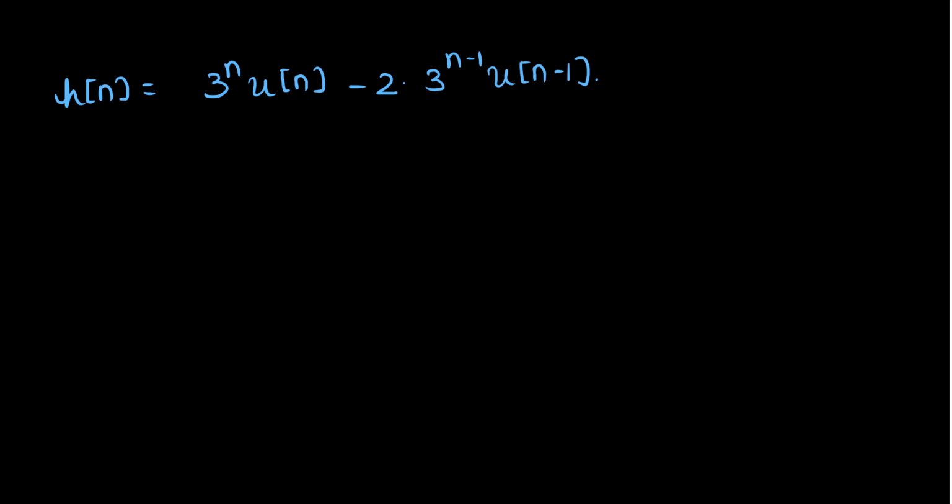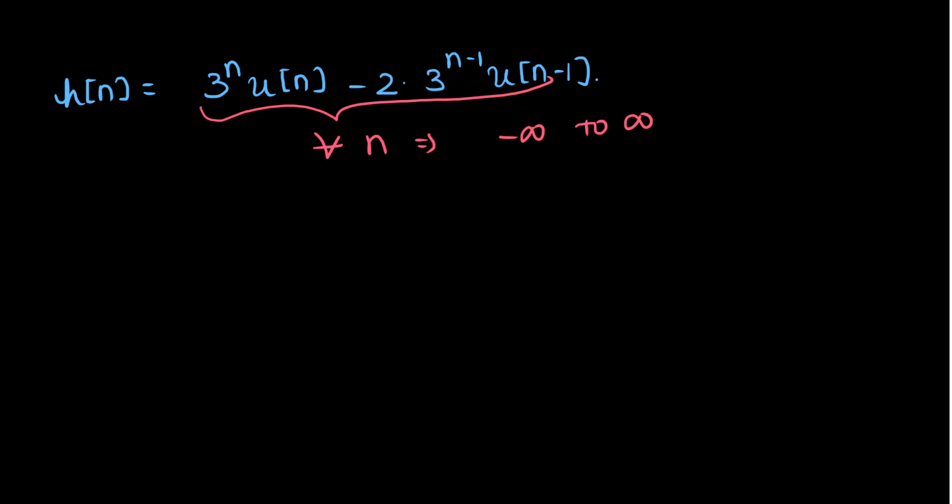So what we obtain is h of n is equal to 3 to the power n into u of n minus 2 into 3 to the power n minus 1 into u of n minus 1. And now the value of this h of n is valid for all the values of n, which implies that n ranges from minus infinity to infinity.